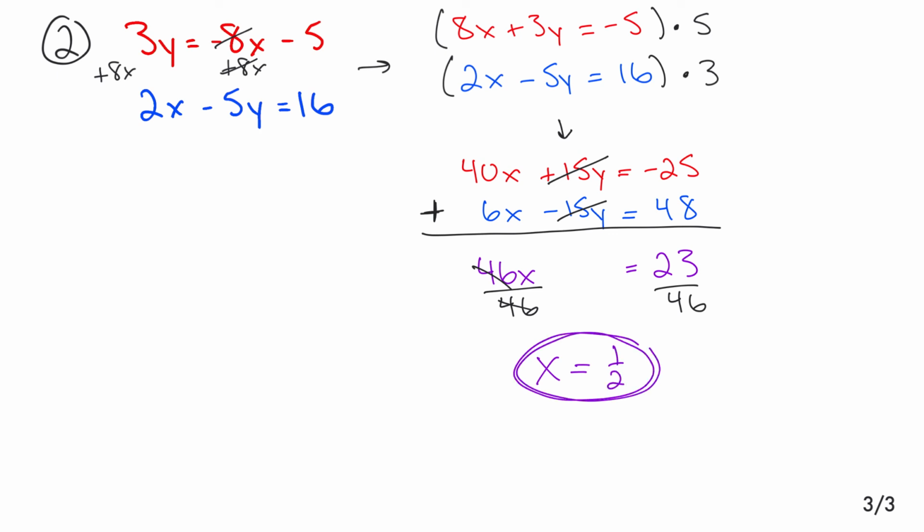I can substitute that 1/2 into any equation that I have that has an x and a y in it. Does not matter which. I'm going to pick the red equation from the original. So that's going to give me 3y equals negative 8 times 1/2 minus 5. That leaves me with 3y equals negative 8 times positive 1/2 is negative 4.